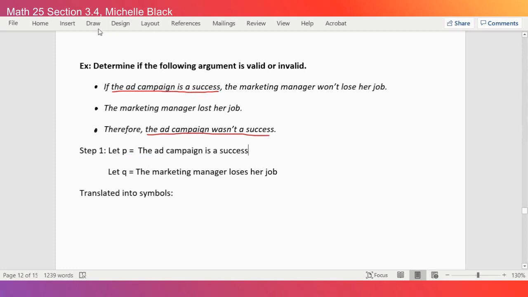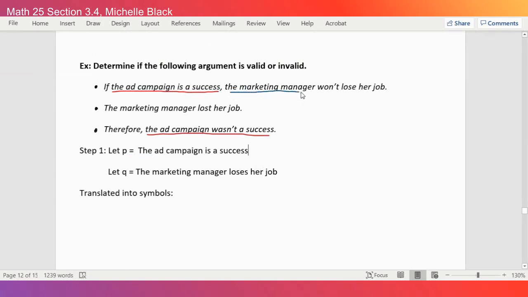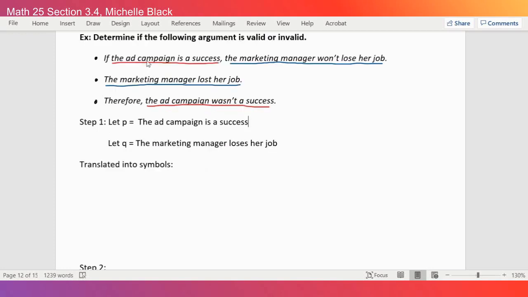When I look at each of my premises, I see something like Q right here, except it's that she won't lose her job, which makes me think not Q. In part 2, the marketing manager lost her job is exactly what Q says, so this would be Q. If I translate this into symbols, I have if P, then not Q. In this one, I just have Q. And on the bottom, I have not P.